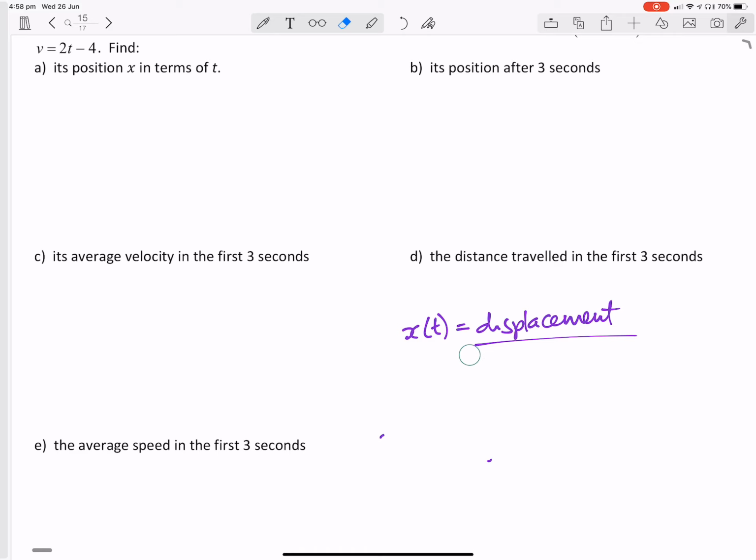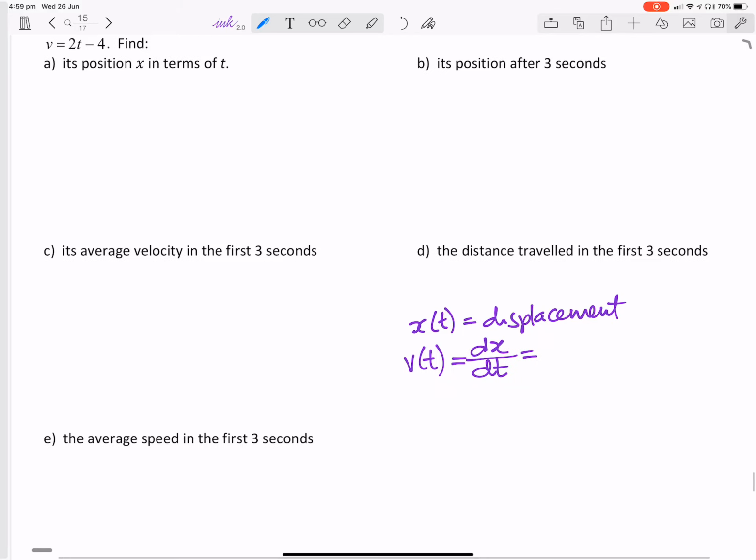But if we want our instantaneous velocity, v of t is our instantaneous change in x over our change in time, dx dt. That's our velocity. So at any point in time we can get our velocity.